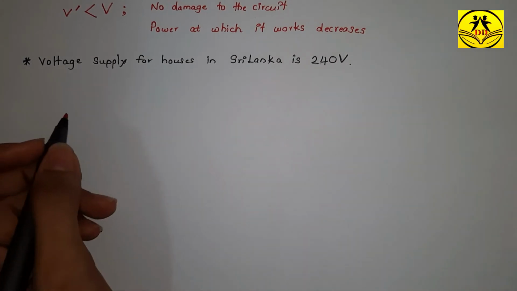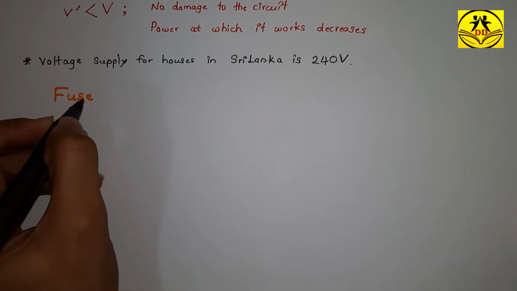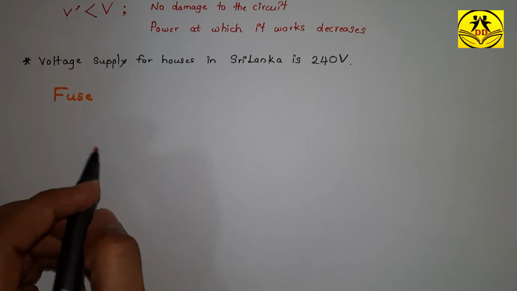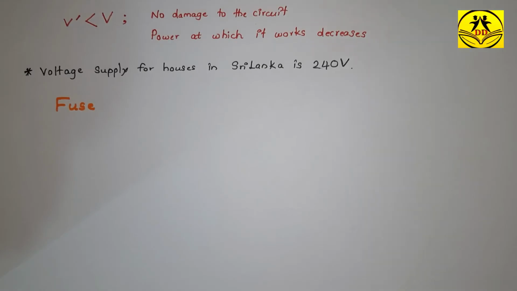The other thing, so there's another thing you should know when talking about these electrical equipments. It is fuse. You all have heard these. What are these fuses? Fuses are used to avoid the flow of current greater than the maximum current that can flow through a certain circuit. So if the current exceeds the maximum current that can flow through the circuit, what happens?